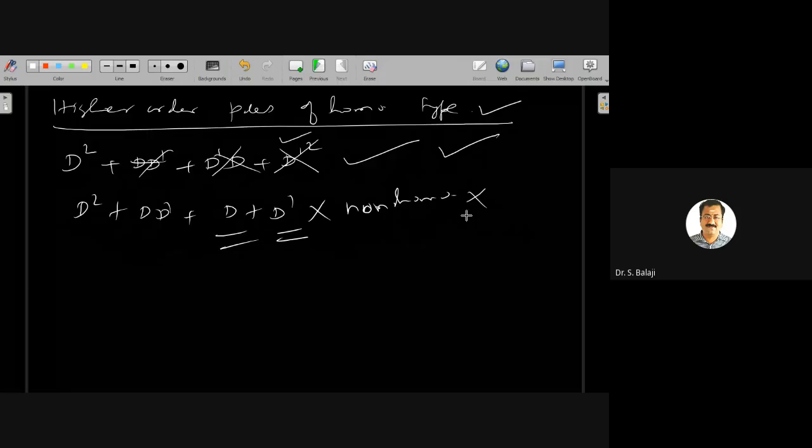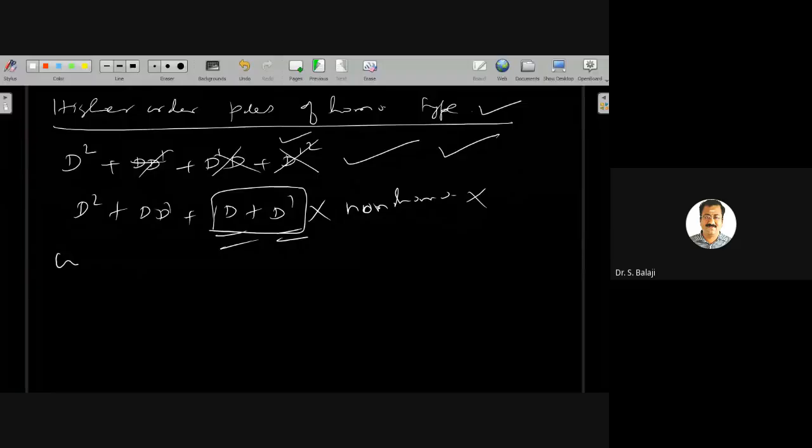Therefore, don't be afraid that the complementary function is totally different from the answer in the textbook here, because this is a non-homogeneous type. For the homogeneous type, each and every term has the same order, where D stands for ∂/∂x and D' stands for ∂/∂y.